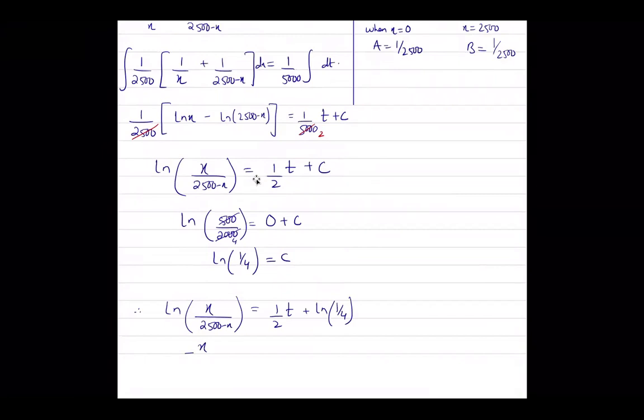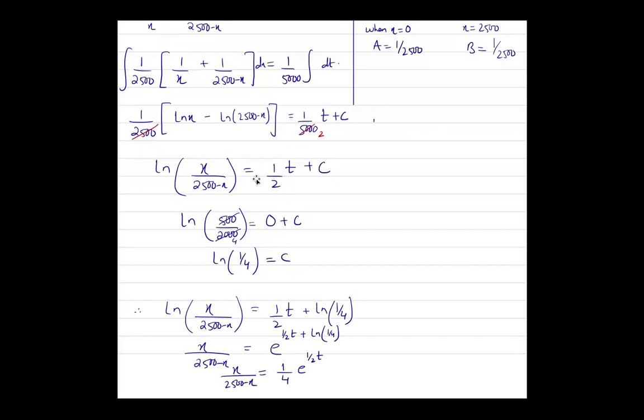So x upon 2500 minus x is equal to e to the power of 1 upon 2 t plus ln 1 upon 4. E to the power of ln 1 upon 4 is 1 upon 4. So this brings 1 upon 4 e to the power of 1 upon 2 t equals x upon 2500 minus x.